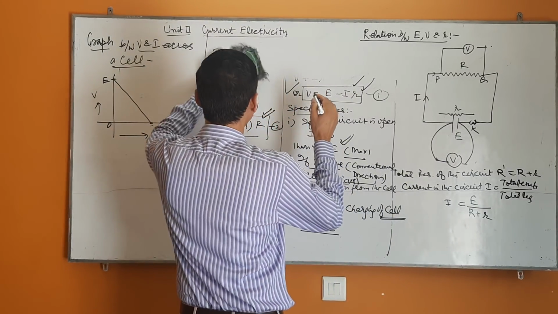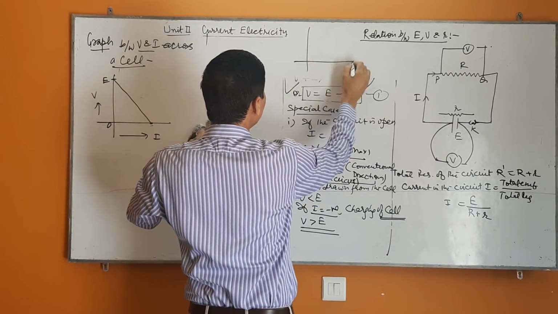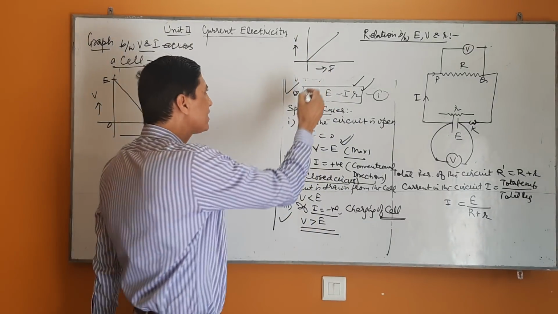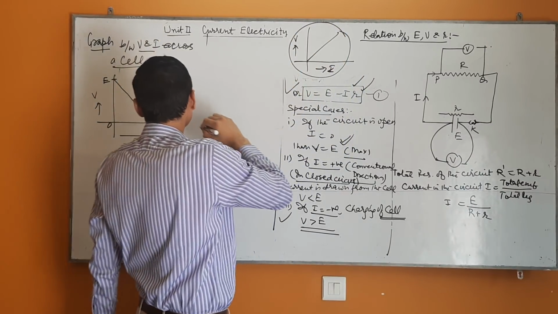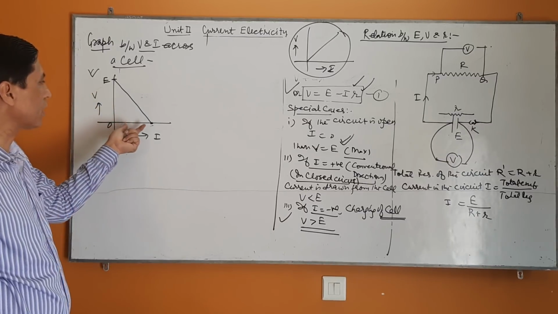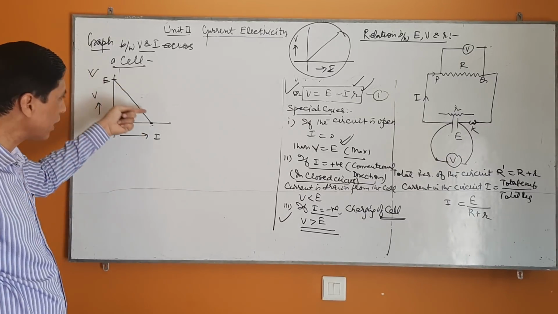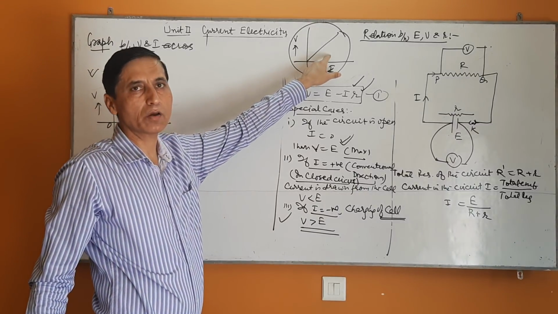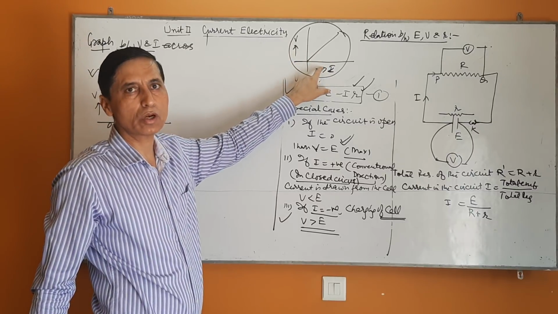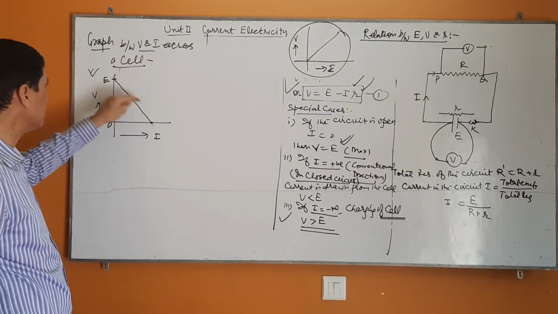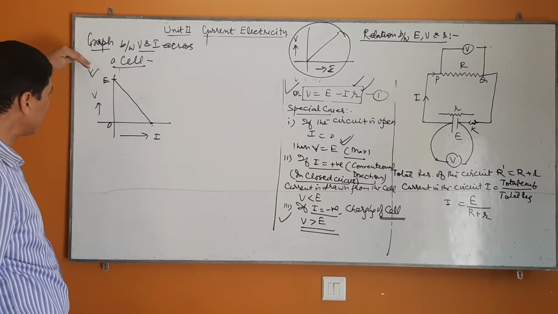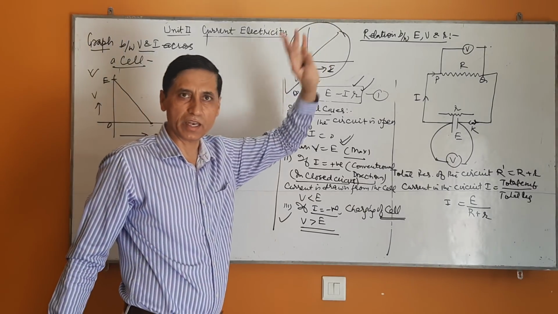This type of graph, this is V and this is I. This is the graph for a resistor R. This is the graph for a cell. तो अगर हम सेल के पोटेंशियल डिफरेंस और करंट के बीच में ग्राफ प्लॉट करेंगे तो ये वाला ग्राफ आएगा, और अगर रेजिस्टर के लिए हम ग्राफ प्लॉट कर रहे हैं V और I, then we'll get this type of graph in which V is directly proportional to I, but here as I increases then V decreases and the graph is like this. It is again a straight line but it is decreasing.